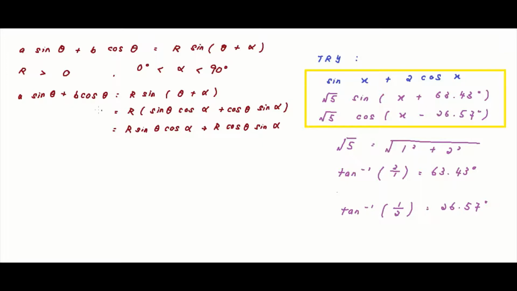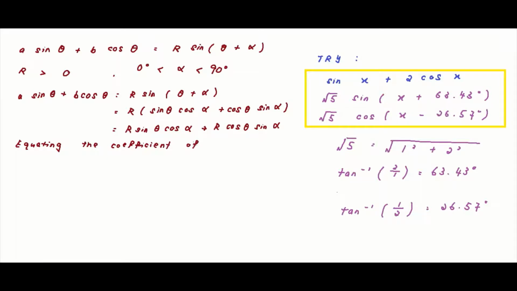When you expand it, you can definitely see that this must be equal to the one that we expanded. Now we try to do some comparison. Let's equate the coefficient of sine theta.